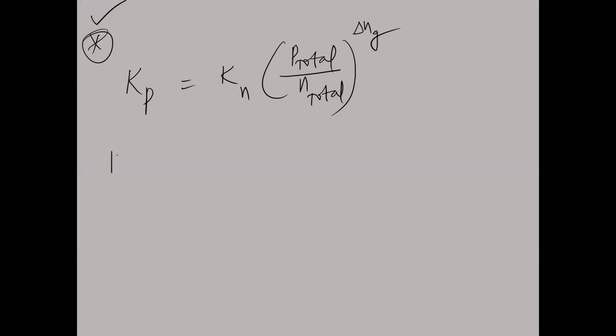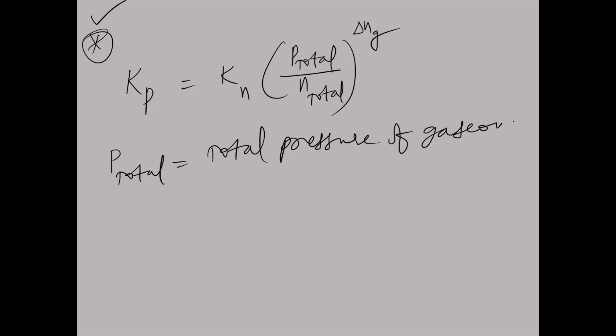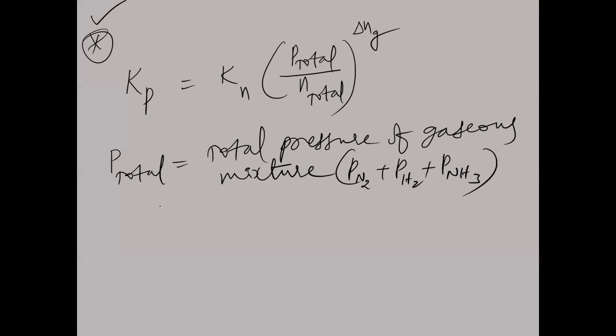P total means the total pressure of the gaseous mixture: nitrogen partial pressure plus hydrogen partial pressure plus ammonia partial pressure. The sum of the partial pressures we take as P total.